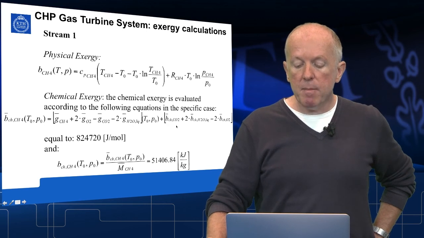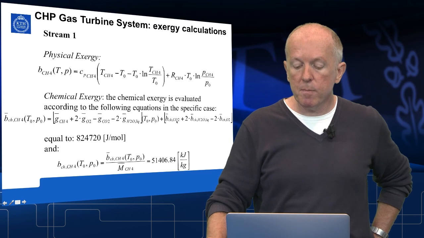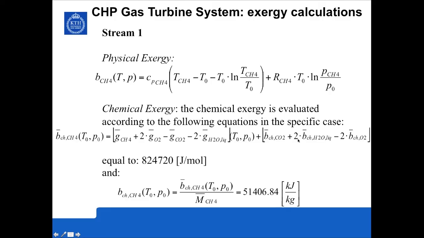Plus the chemical exergy of the products of the reaction, which are CO2 and water, multiplied by the stoichiometric coefficient in the reaction, minus the chemical exergy of the reactants of the reaction except the fuel itself, so except CH4. So minus 2 times the chemical exergy of the oxygen.